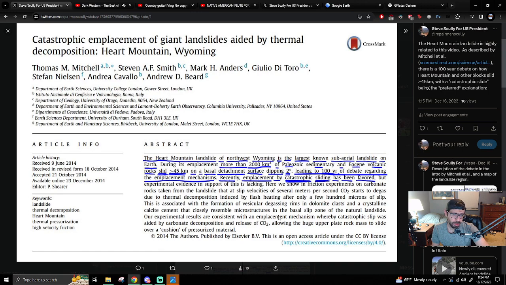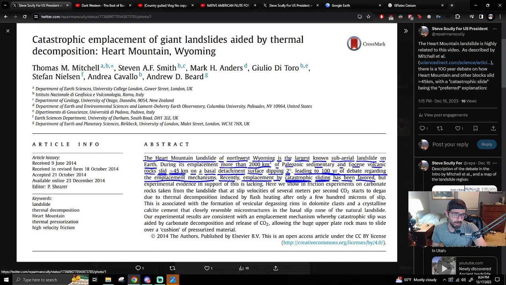Okay, their suggestion is that as it slides, the materials, the carbonate, decompose and release CO2 from the friction and the heat of the process, and the CO2 release allows for the mountain to slide frictionlessly, so that even though it's only on a 2-degree slope, it moves on that slope without grinding and stopping.